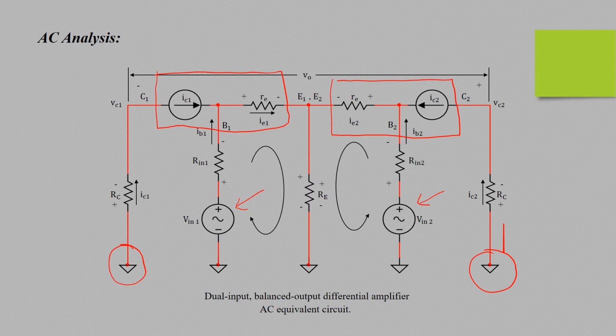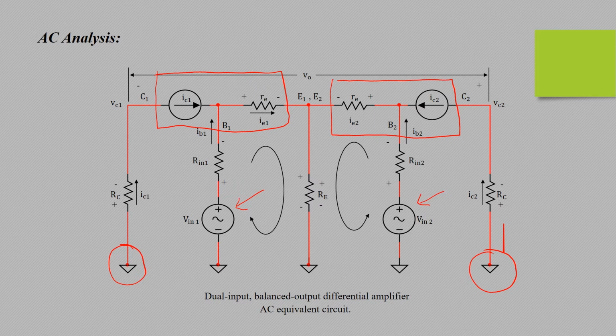So a current source at collector and resistance RE, which is the internal resistance of the transistor. So these are the currents IB1, IE1 and IC1 in the first transistor.